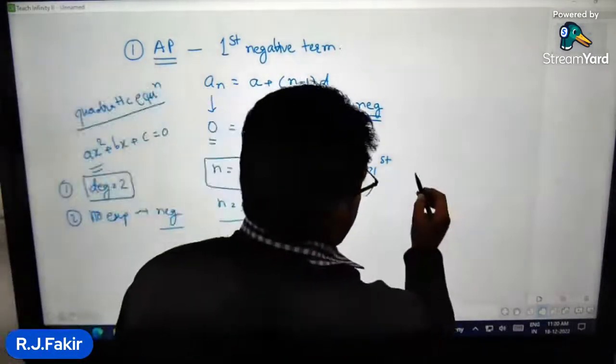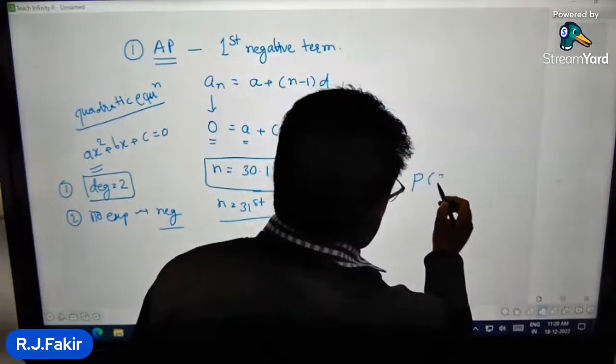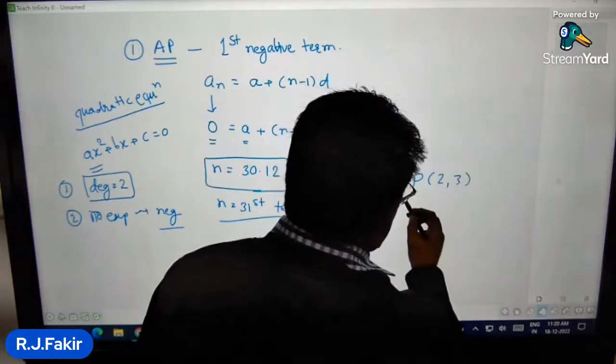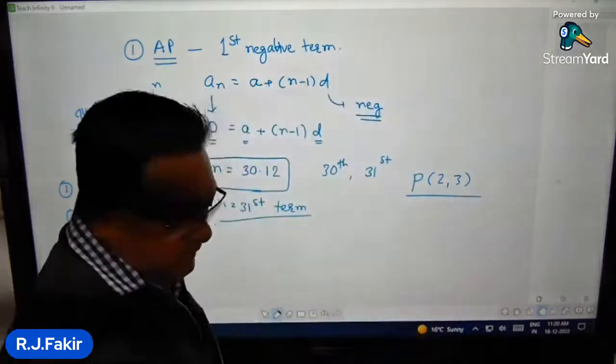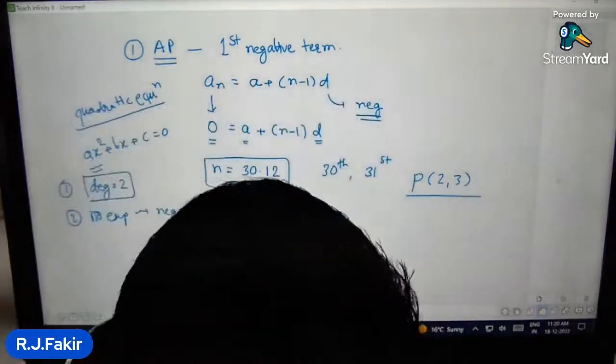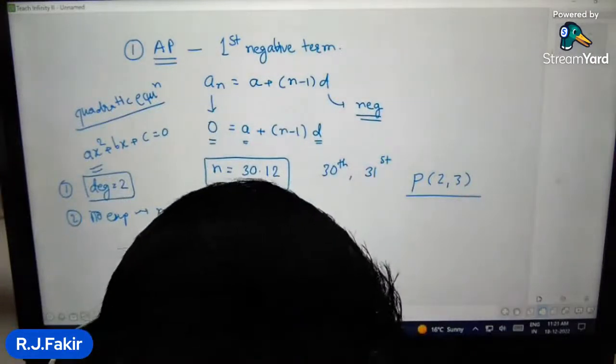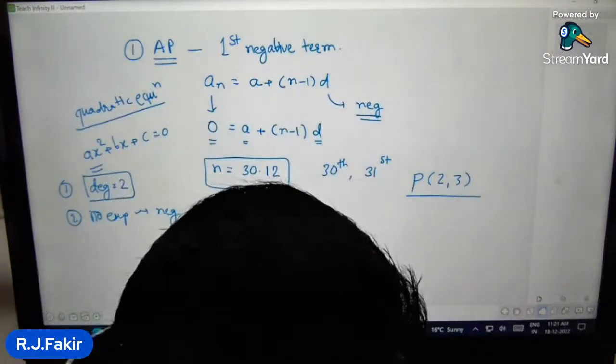So let us say a point is given, P(2, 3), and they have asked a question: what is its distance from the x-axis?